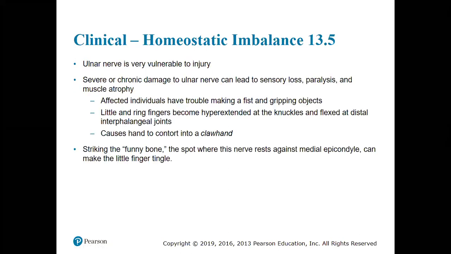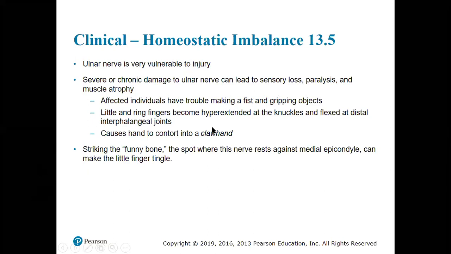Now, the ulnar nerve, this one's very, very vulnerable to injury. So in this particular case, you can have muscular atrophy. It says muscle. I usually just say muscular atrophy. Muscle atrophy is the same thing. Again, an individual may struggle gripping things. They just can't grasp that.